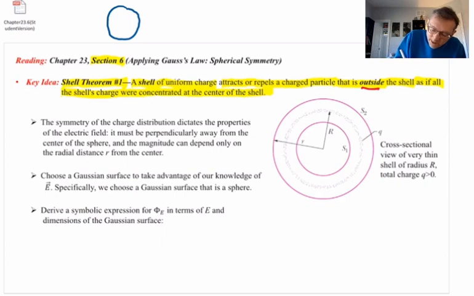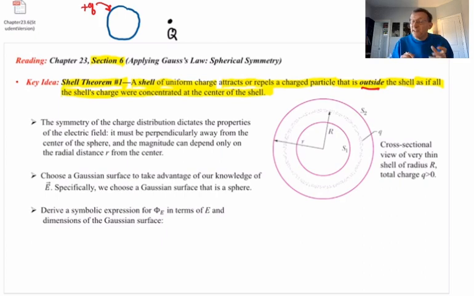And it's got some net charge, let's say plus Q, that's smeared out evenly over its surface. And then someone has come along with a point particle, let's say big Q. Doesn't matter. I want to know the electrostatic force that's going to be acting on big Q from the Q of the shell.